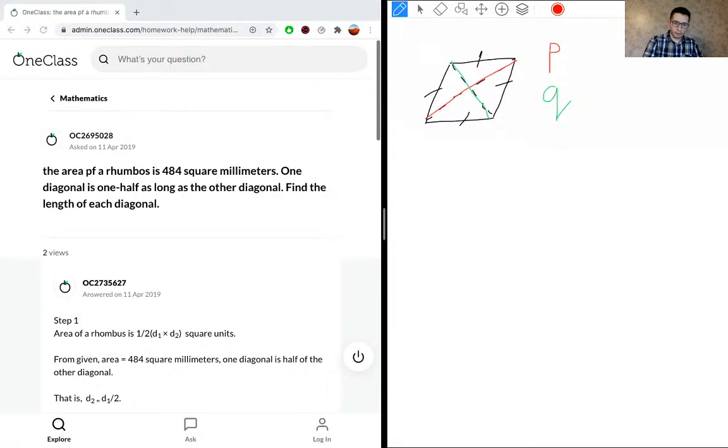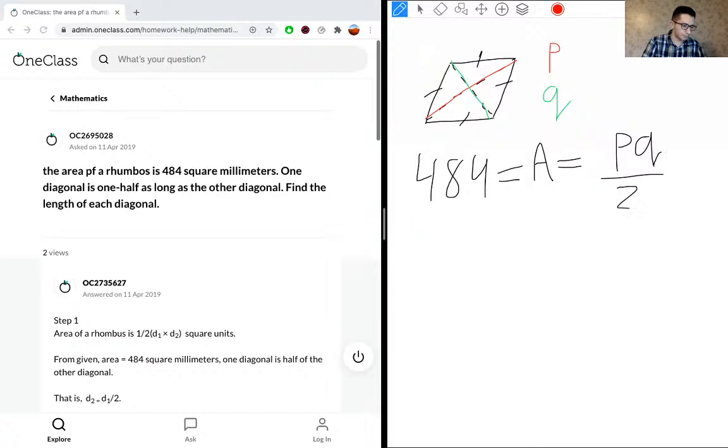And then for the equation of area, because we know that the area is 484 millimeters squared, 484 equals the area. The area of the rhombus is just pq, the product of the diagonals, divided by 2. So we've defined one equation for the question.